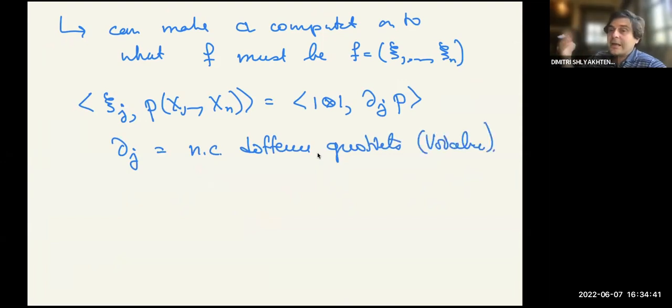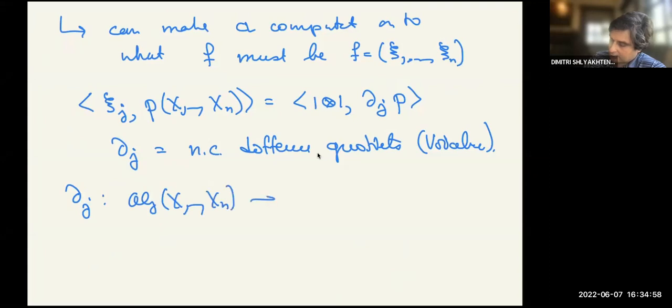And this already appeared in the previous talk. This is the kind of stuff that appears in Ito calculus when you do multivariable Ito calculus. These dj's are derivations from the algebra generated by x1 through xn to the algebra generated by x1 through xn tensor itself.